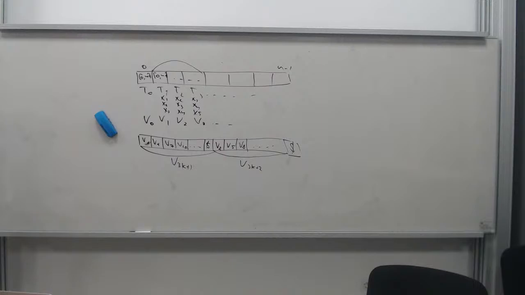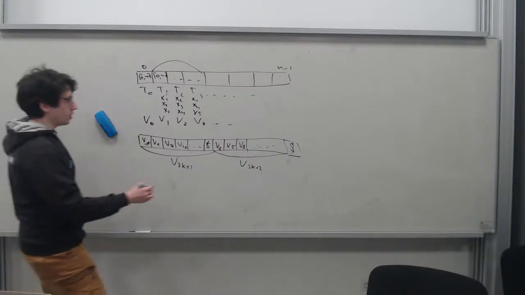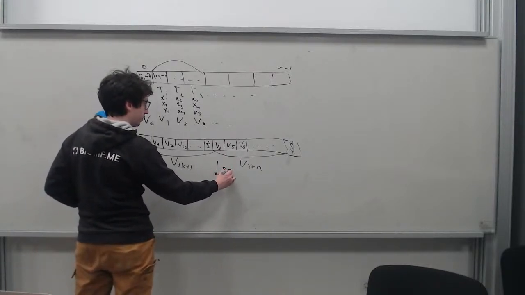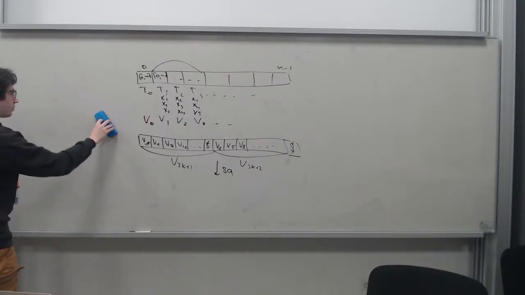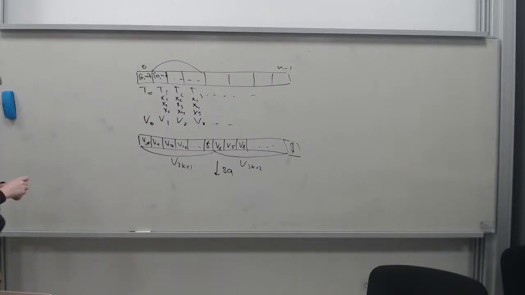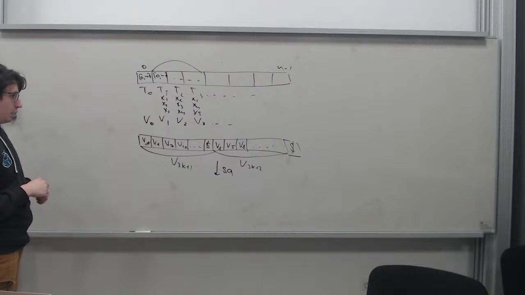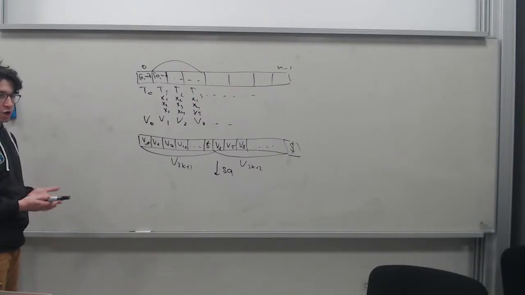And then we run suffix array on this string. If you do that, you will get the suffix array, all the sorted suffixes, whose positions are either 1 or 2 modulo 3.